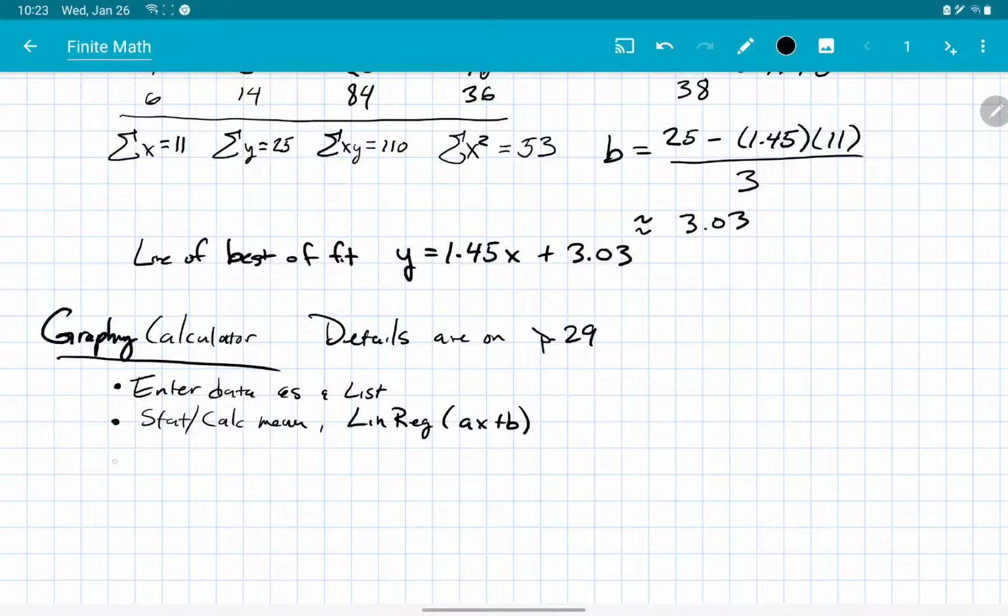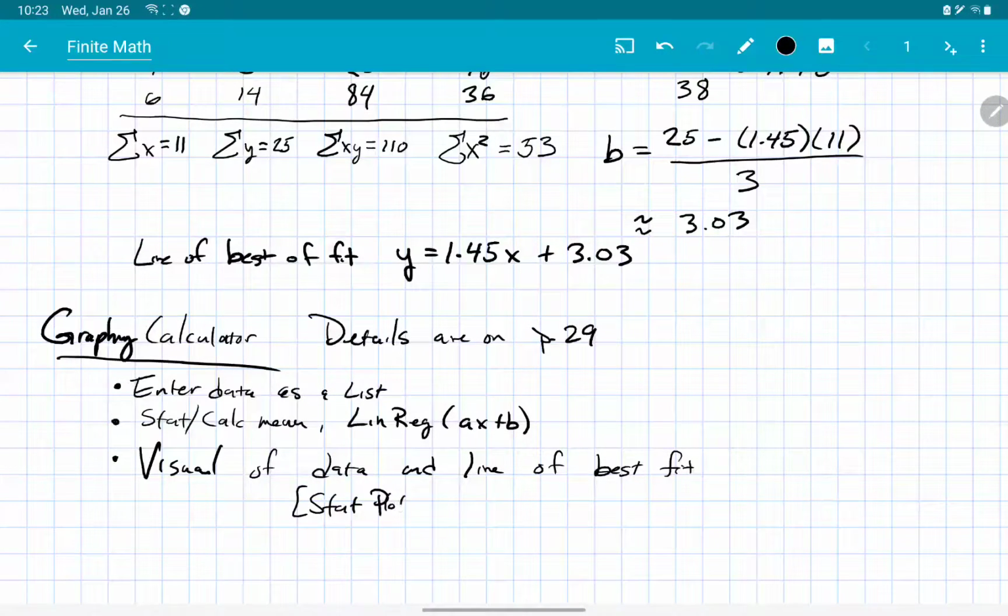If you want to plot, you can get a visual of the data and the line of best fit with a stat plot and graph.